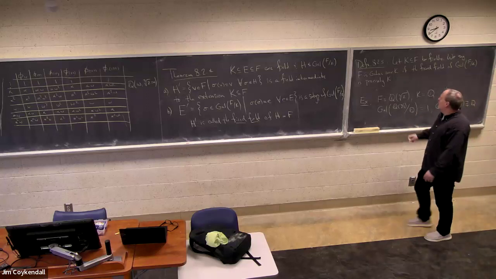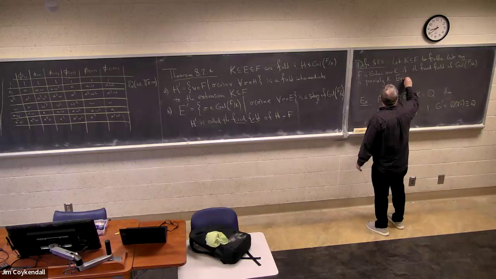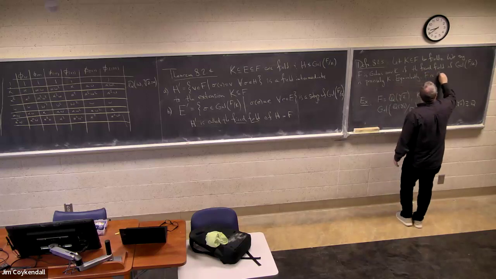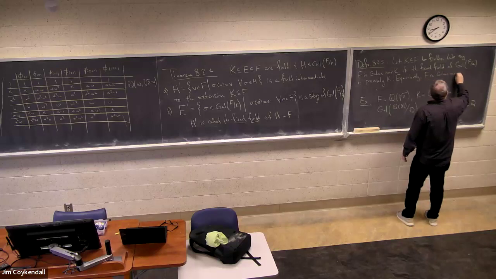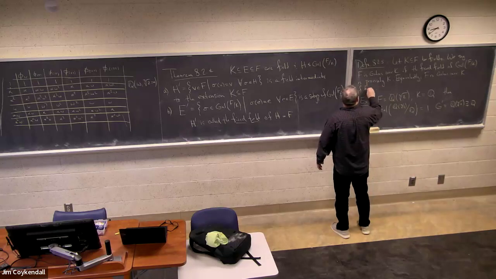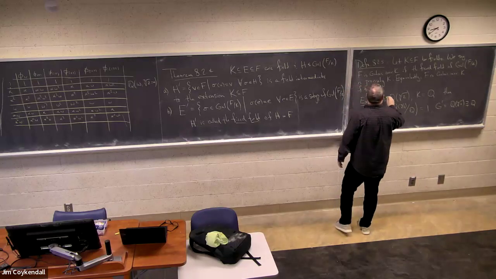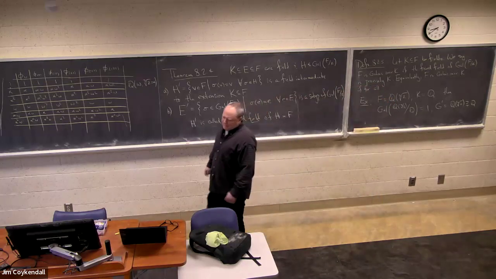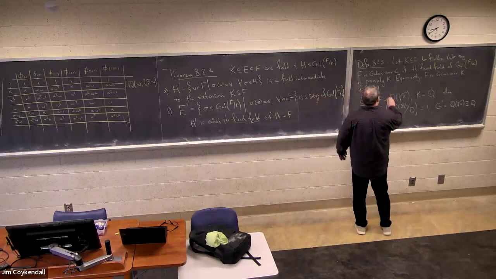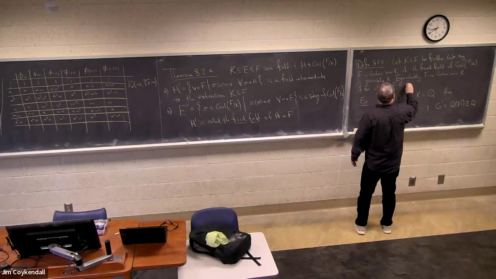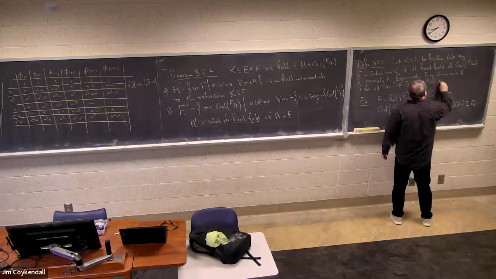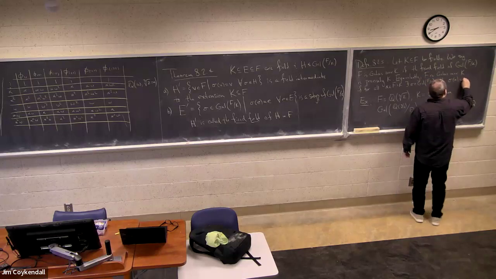So it's not Galois over K. Equivalently, F is Galois over K if for all elements alpha that are in F but not K, there exists a sigma in the Galois group of F over K such that sigma alpha is not equal to alpha.